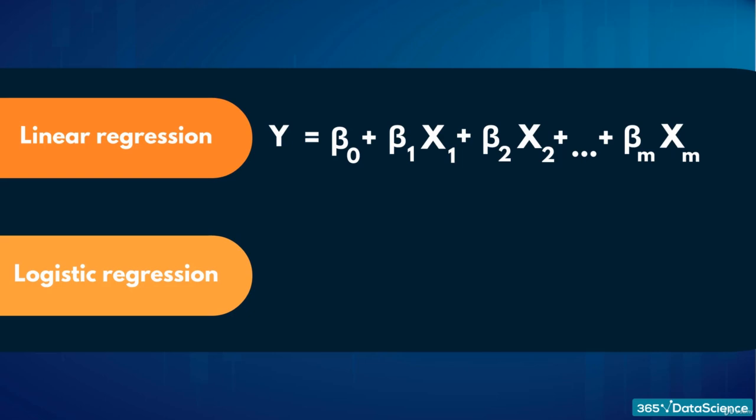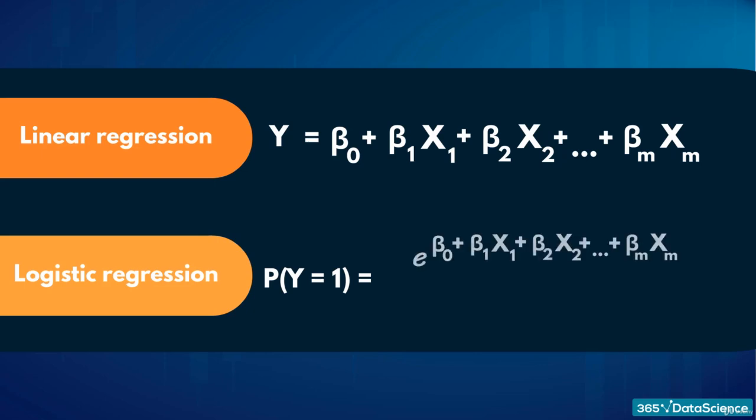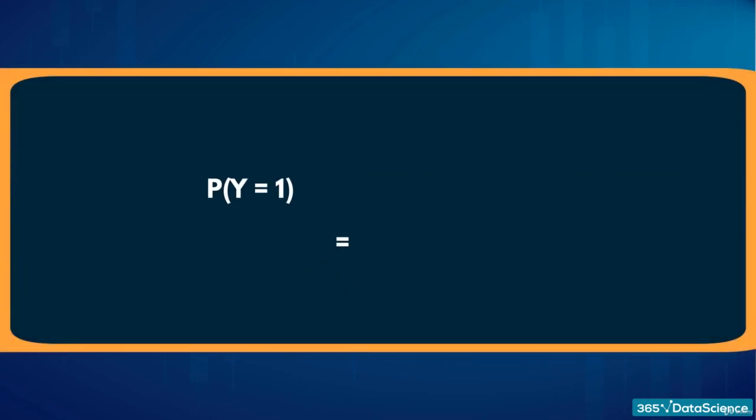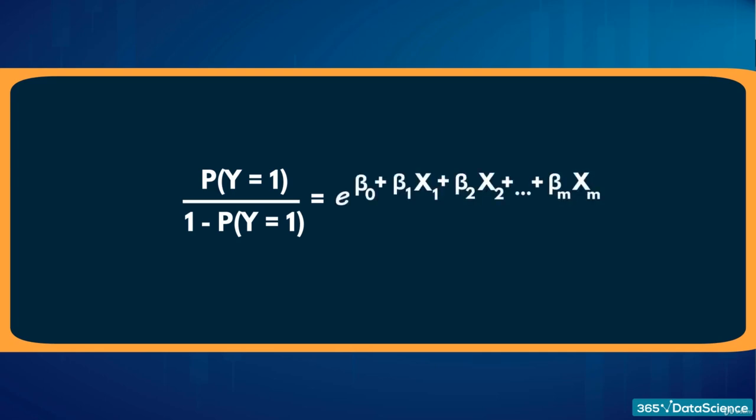Under the logistic regression model, the probability of an event can be represented as the exponential of a linear combination of independent variables and coefficients, divided by 1 plus the same exponential. If we transform this expression in a certain way, we will get the probability of the event occurring divided by the probability of the event not occurring equals the exponential from above. That's a very nice form, as the left-hand side has a very intuitive interpretation.